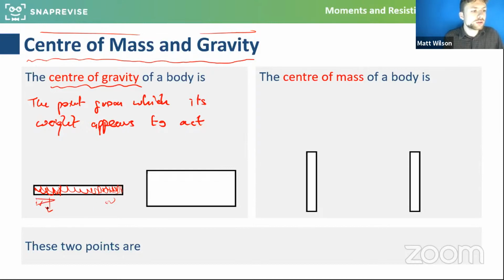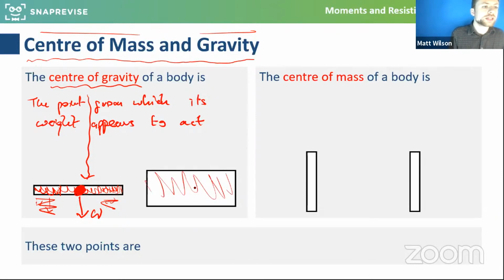When I consider all of these forces together, they essentially appear as if it's just one big force acting through the middle of this object. So this would be the center of gravity, just the center. Similarly, if I have a uniform object here, same density everywhere, the center of gravity is just going to be the center of the object.